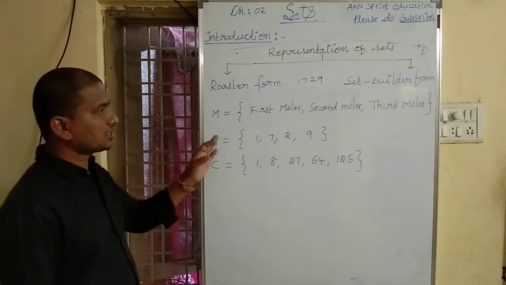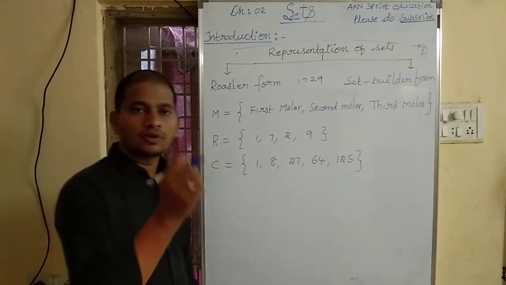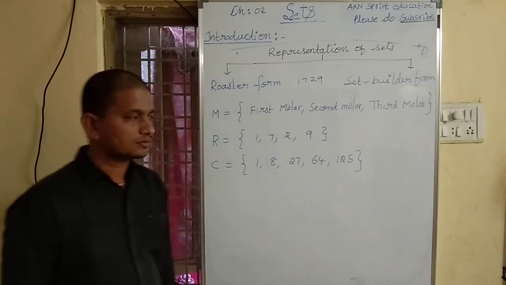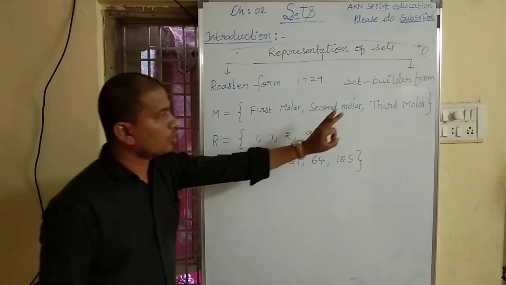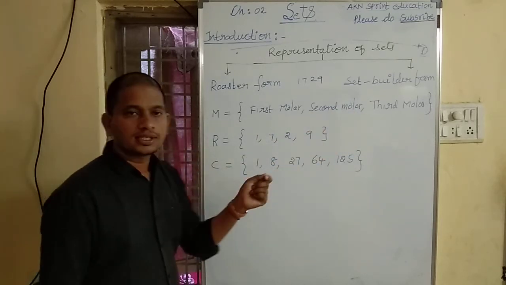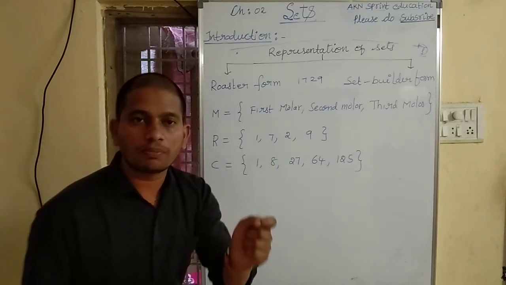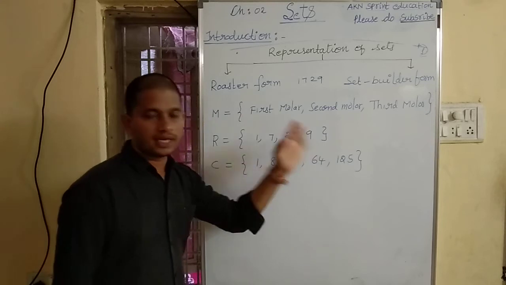See, observe these 3 sets. Our first set is the set of molars in our teeth. We have 3 molars: first molar, second molar, third molar. Second set is the set of digits in the Ramanujan number, that is 1, 7, 2, 9.